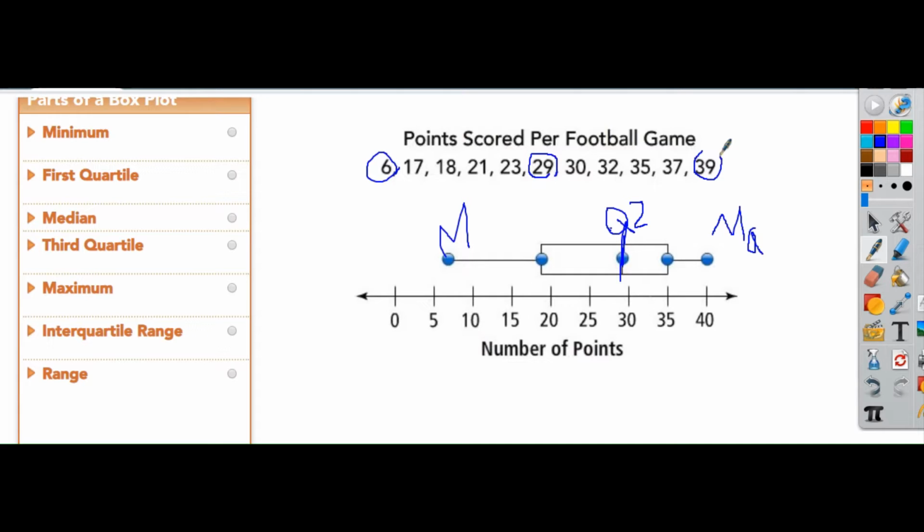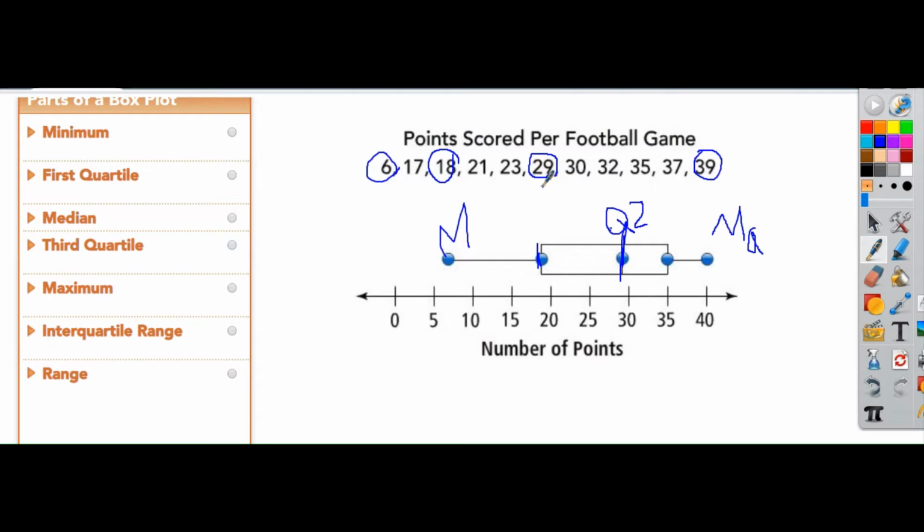The maximum is 39, and then you have to find the middle of the lower half. So the lower half is 23, 21, 18, 17, and 6. If you cross off and cross off, the middle value of the lower half is going to be quartile 1, which is this point right here. And then we want to find the middle of the upper half.